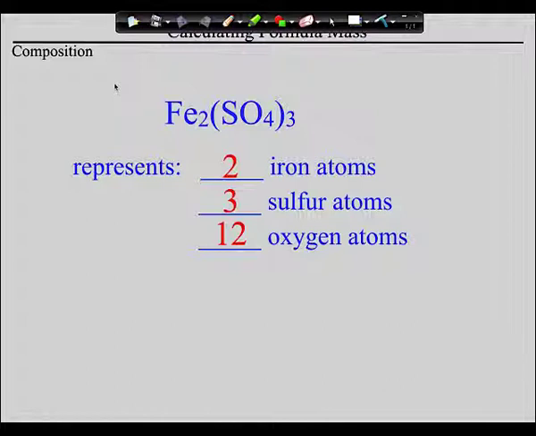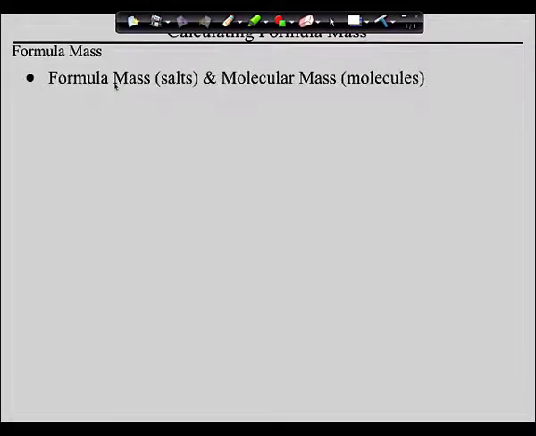Okay. Now, guys, this skill is actually a step towards what you're going to learn to do today, and we really are almost done. Because guys, what you're going to learn to do today is figure out what are called formula masses. These are the terms you need to know. It's not confusing, but it's a little weird. We call them formula masses if it's for a salt. If it's a molecule, we call it a molecular mass.